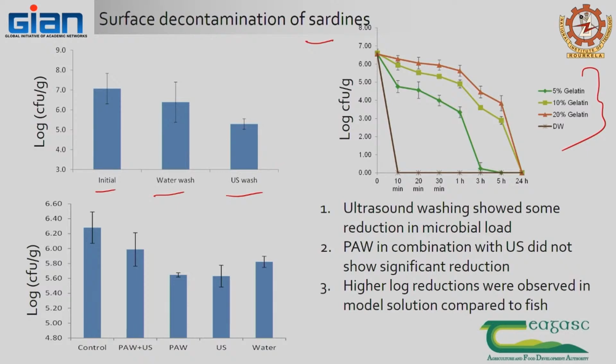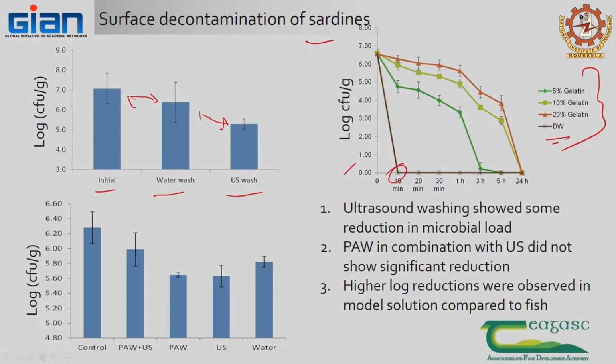On the surface there are microorganisms; if you wash by hand, you get some reduction. But if you use ultrasound, it will also remove them from the small gaps and fissures on the surface.